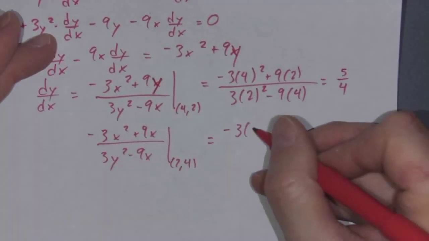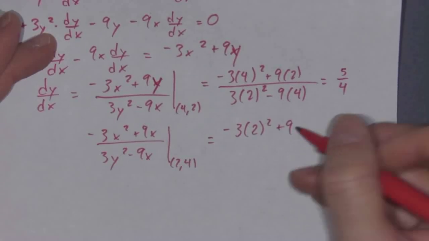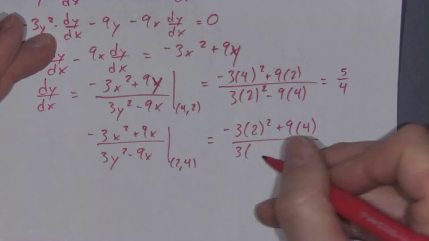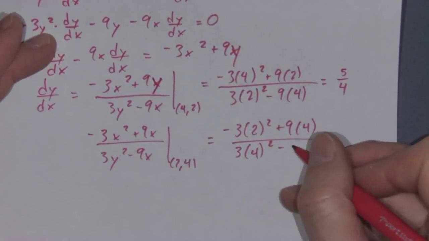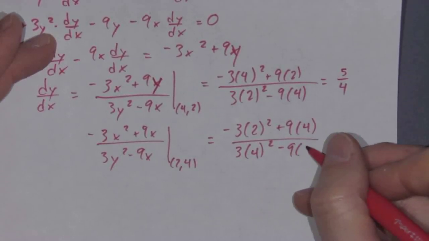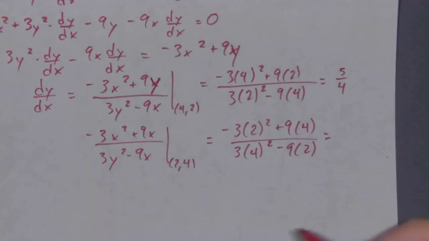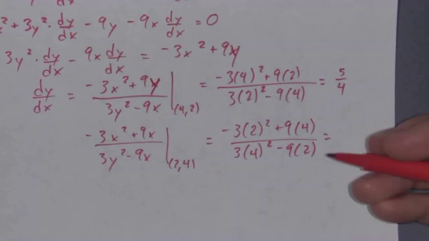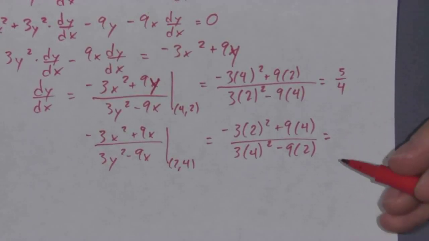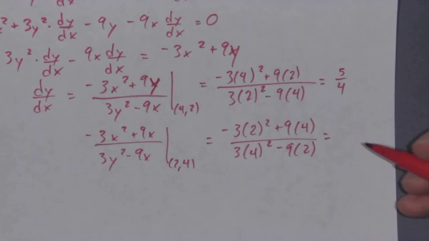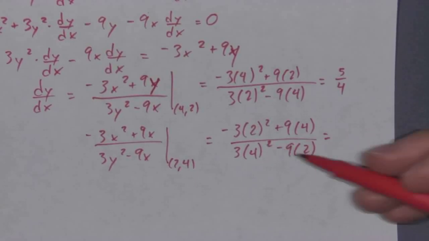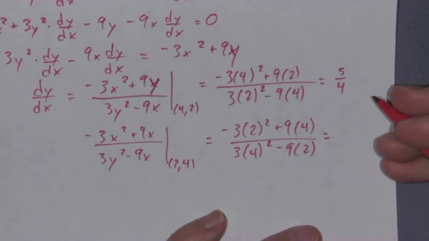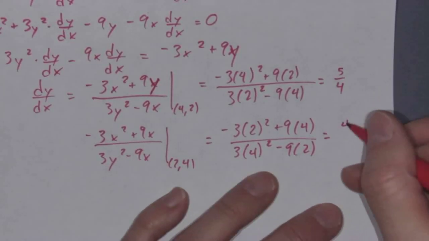They switched around so that the 2, and then that's 4 over 3, that's 4, and that's going to be 2. All right, and that's just because of the way that I had written it. So they basically just kind of switched around. And let's see, 4 negative 12 plus 36 divided by, that's 16 times 3 minus 18. Okay, so that's going to be 5 over 4.